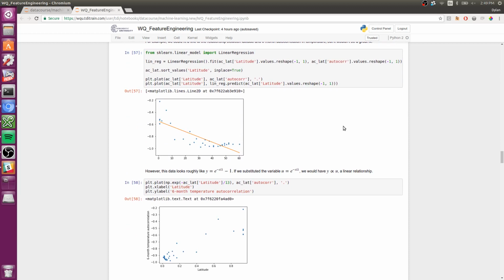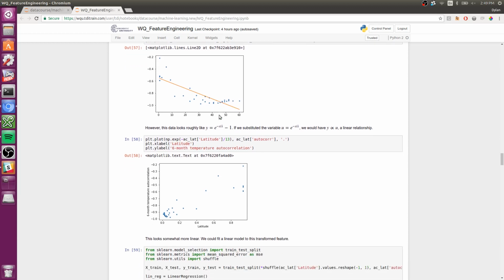In the case of the temperature data, we considered what kind of shape this curve might have. If we were trying to fit a line to it, we can see it does a very poor job because it consistently overestimates in this region while underestimating in the tails. And I looked at this and I said, this looks sort of like exponential decay. It's decreasing quickly here and then levels out to a flat region.